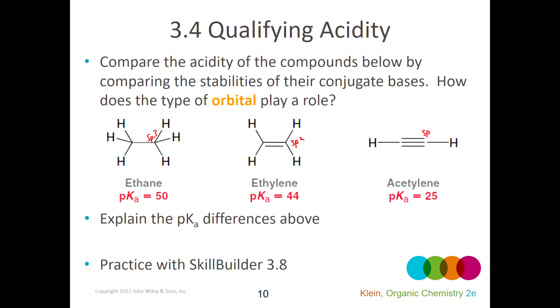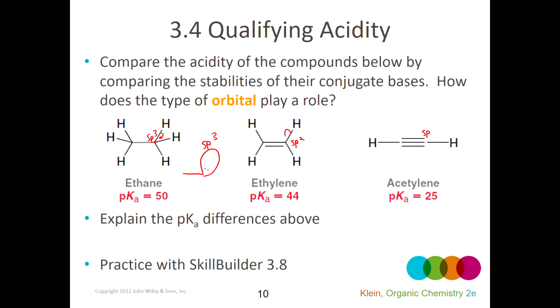In the sp3 situation, if this were to act as an acid and lose that proton and the electrons were to stay behind, those electrons would be in an elongated sp3 orbital. They wouldn't be that close to the nucleus. They wouldn't be as stabilized by the attraction to that carbon nucleus.